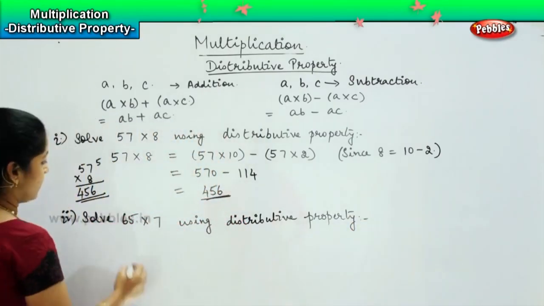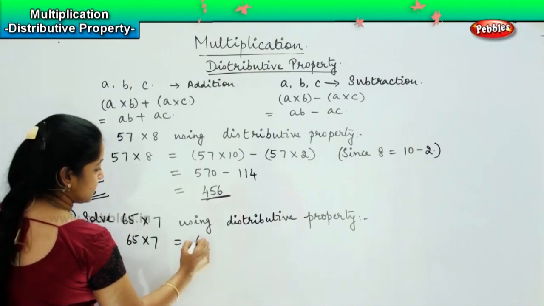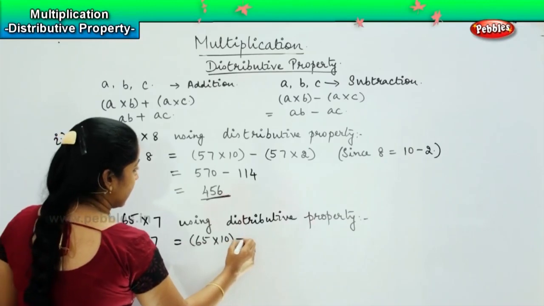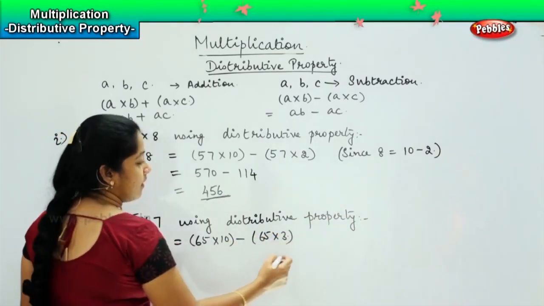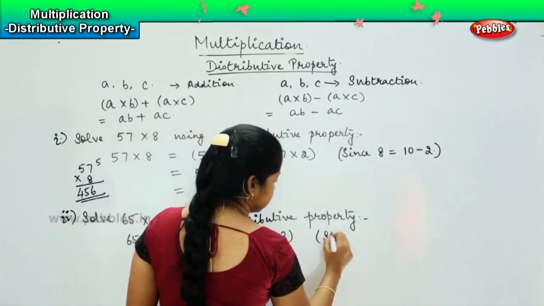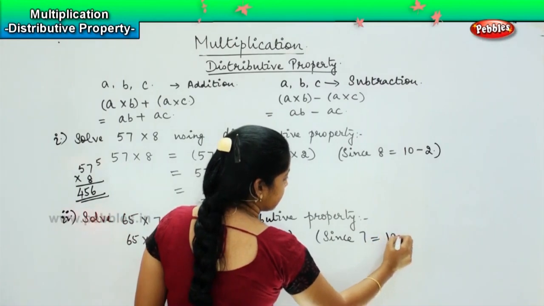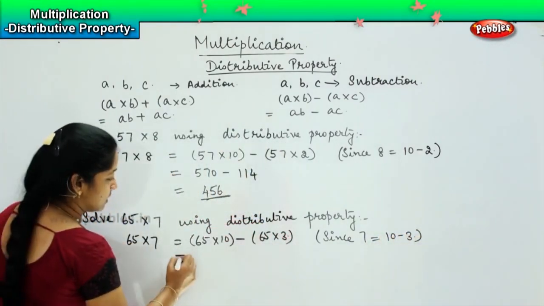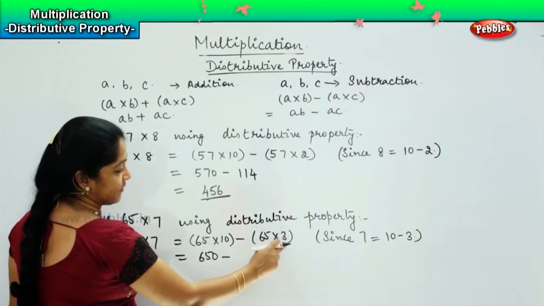So now 65 into 7 can be written as 65 into 10 minus 65 into 3. The reason is because 7 can be written as 10 minus 3.